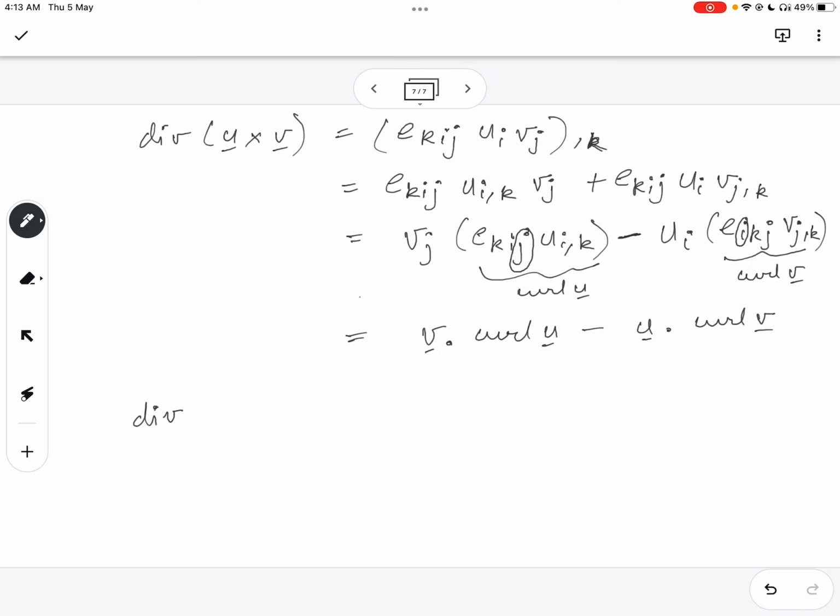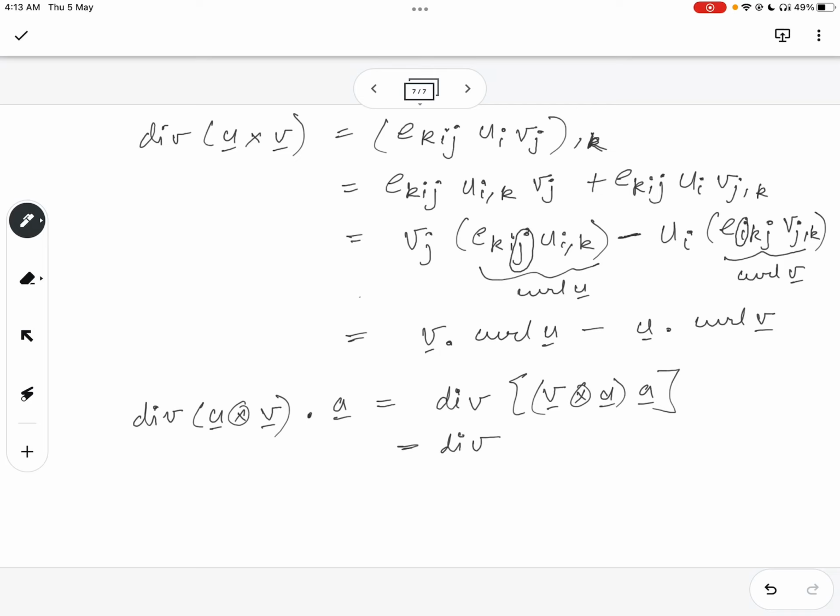This is divergence of U dyadic V. We'll take a dot product according to our definition of divergence as we had discussed in the lectures, with an arbitrary constant vector A. This is fixed. So this becomes divergence of the transpose, V dyadic U acting on A.